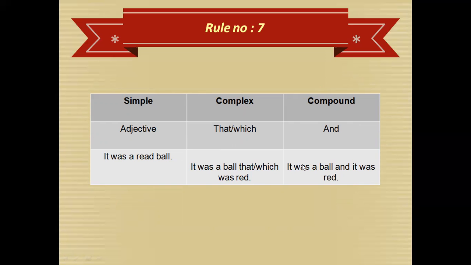Then in compound, it was a ball and it was red. So the given sentence is in adjective in simple, so you have changed into complex. What's the word, that or which? It is a relative pronoun. And in compound, we can use and.